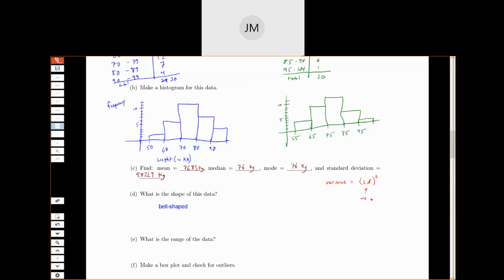And use all of your decimals. Don't use a rounded standard deviation to compute variance, because that rounding, when you square it, compounds the error by a lot. So if you're entering it into the online homework system, it's going to be wrong. And depending on the numbers, it can be off by quite a bit.